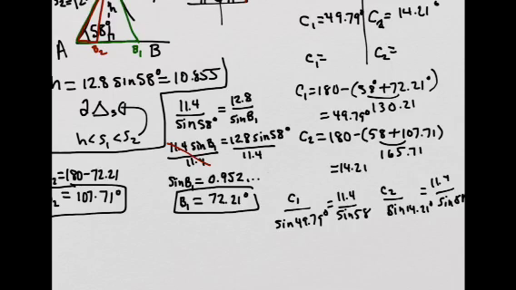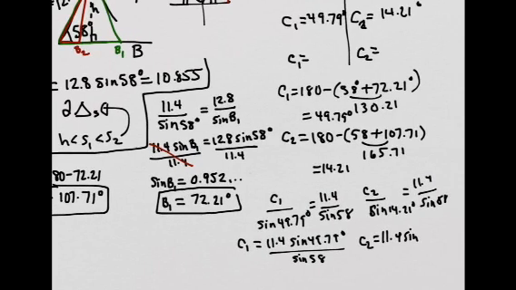Okay, so we cross multiply here and here, cross multiply here and here, and so you end up with C1 equals 11.4 sine 49.79 over sine 58, and then C2 equals 11.4 sine 14.21 over sine 58.